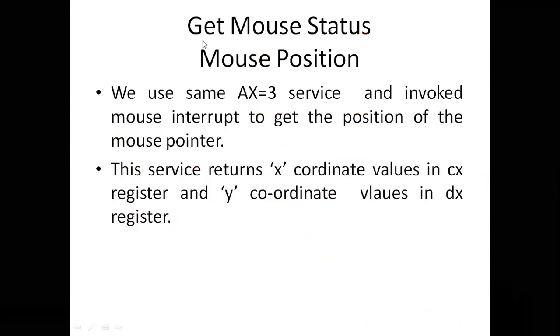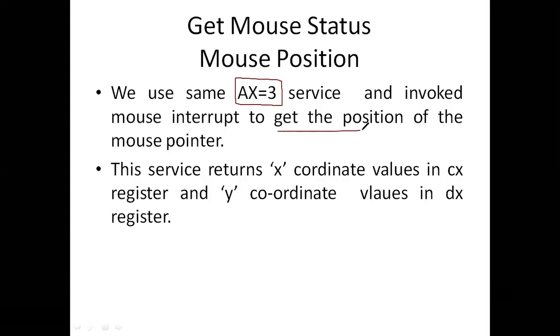Next, I will discuss the mouse position. The same service, AX equal to 3, allows us to get the position of the mouse pointer. For example, if I place the mouse here, what is the X and Y coordinate of this position?